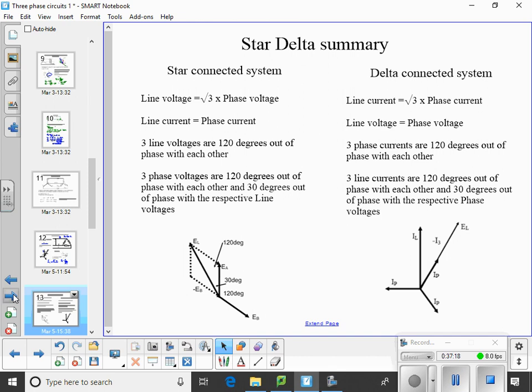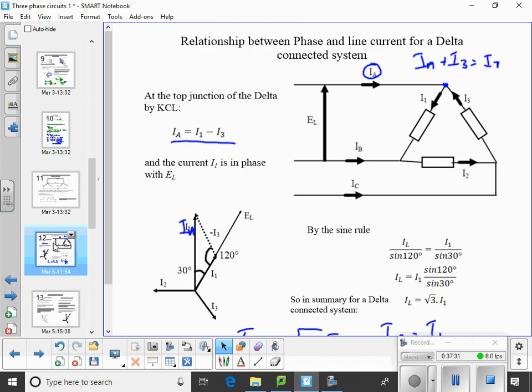As opposed to delta connected system, line current equals √3 times the phase current, line voltages equal to phase voltage. If we go back to that delta system, didn't specifically talk about it, but here's our line voltage, and each winding is getting line voltage.